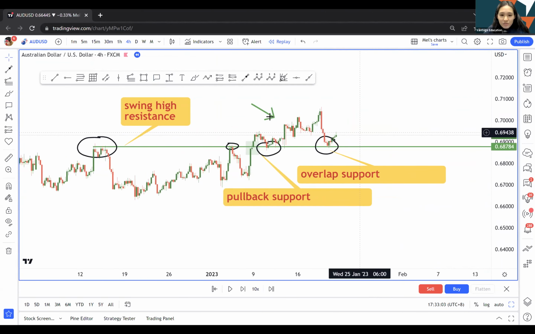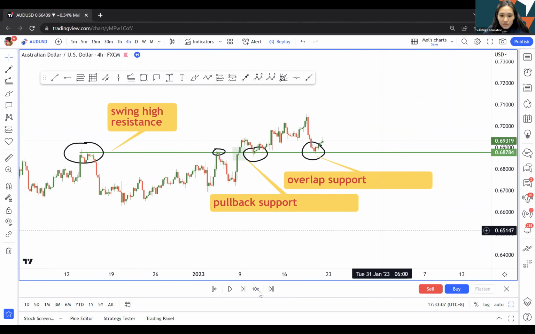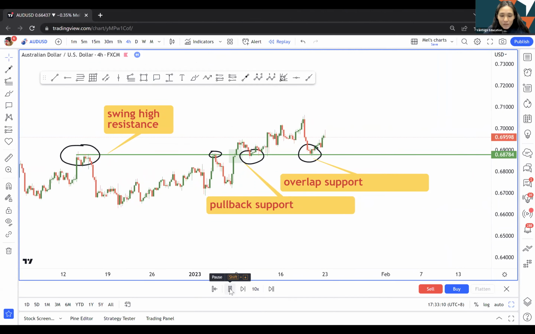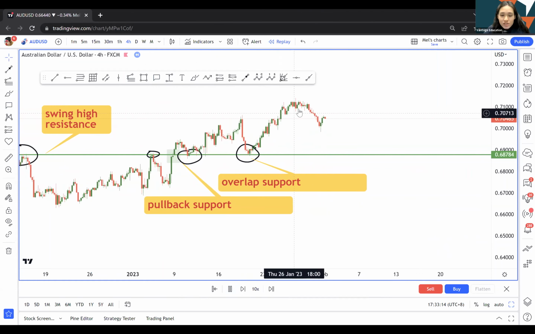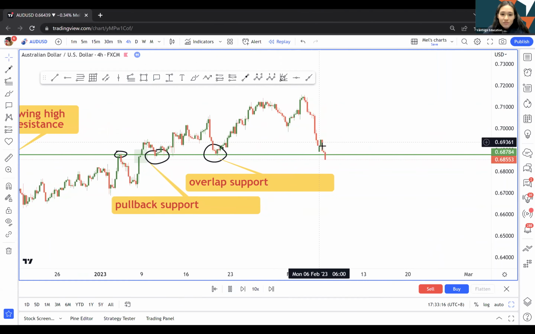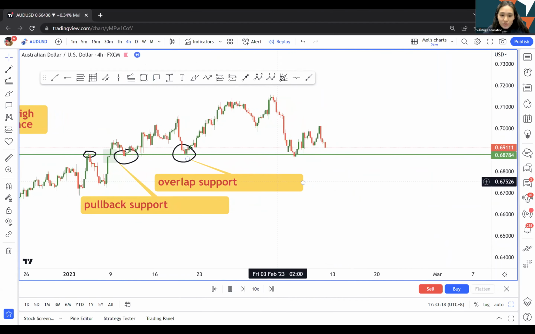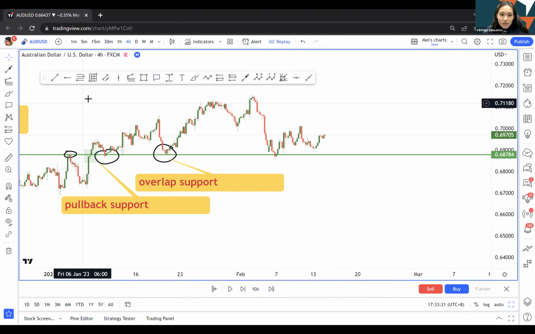Okay, I hope that makes sense. Basically, we're just expecting price to bounce off of this level and retrace it. So here we can see price tested this level once again.